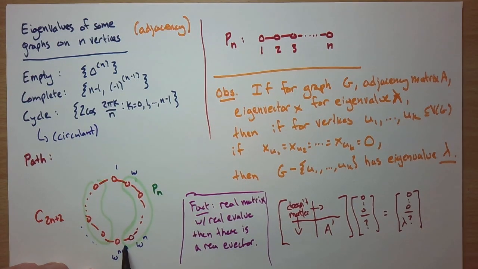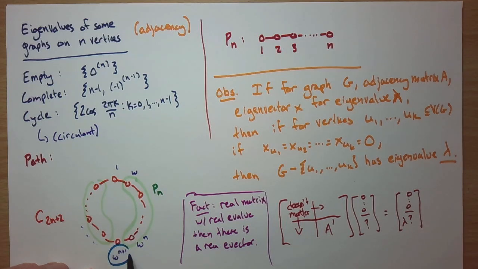Someone made an observation about this part right here. Well, what's here? Omega to the n plus 1. What can you say about this entry? It's negative 1. You can almost say that.